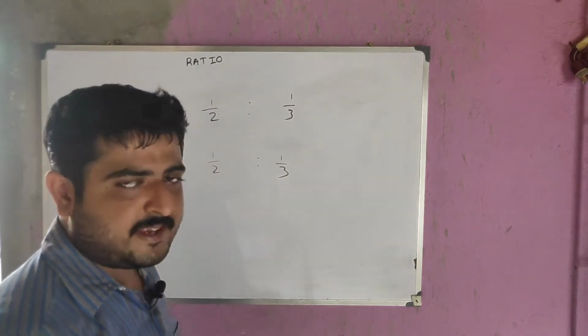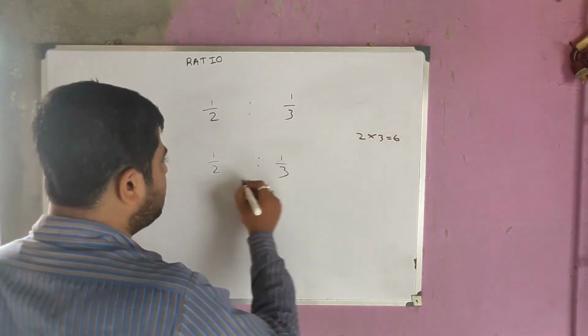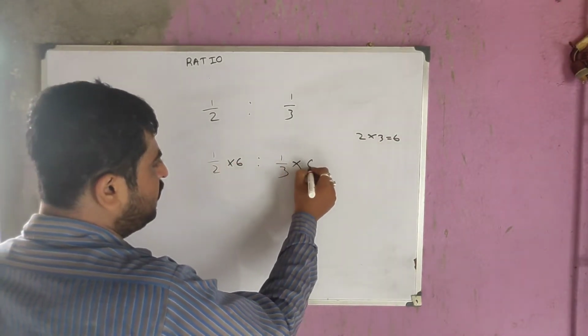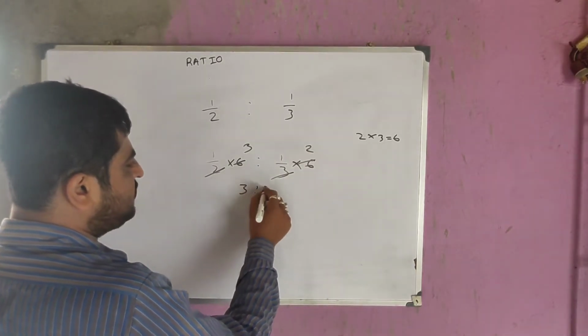So the LCM of the denominators will be 2 into 3, 6. Then you multiply both terms with 6, and it will become 3:2.